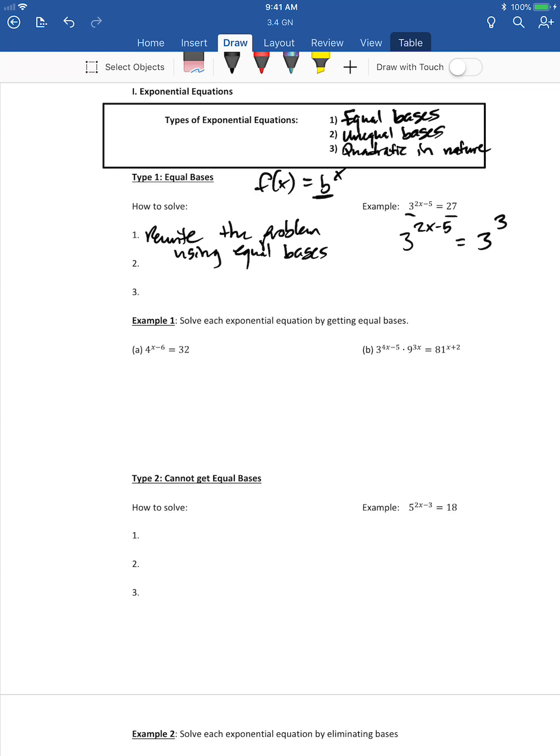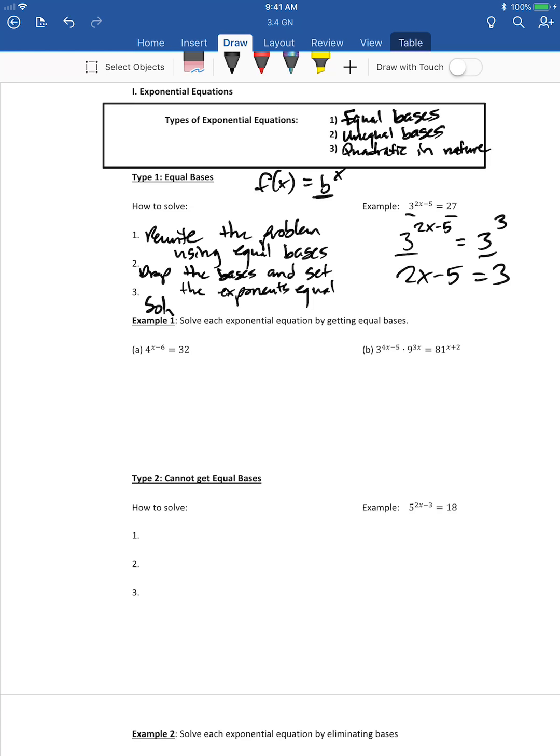So now, step 2, I can drop the bases, since they're the same, and then set the exponents equal to each other. So 3 to the 2x minus 5 equals 3 cubed. That means my exponents have to be equal since my bases are the same. So I have 2x minus 5 equals 3.